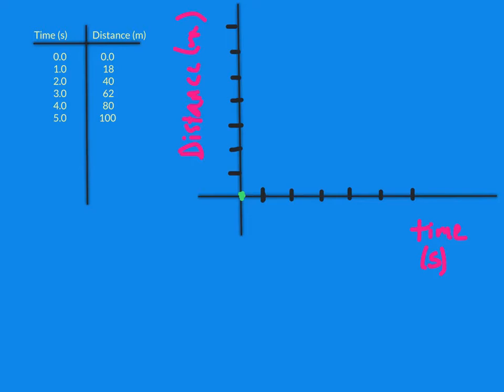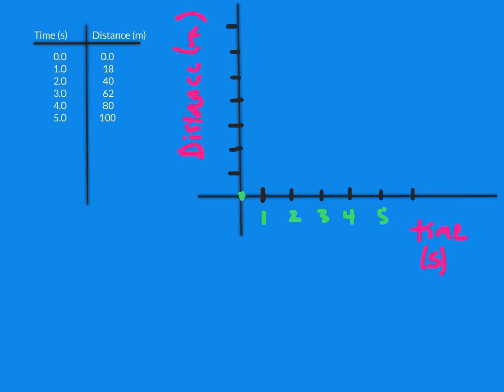Next, you want to look at the data that's given and determine the scale that's necessary for your axes. So on the x-axis, looking at time, we're ranging from 0 to 5 seconds. So I can simply go by 1 second for each hash mark here. So we have 1 second, 2 seconds, 3, 4, and 5. You want to use as much available graph space as possible.